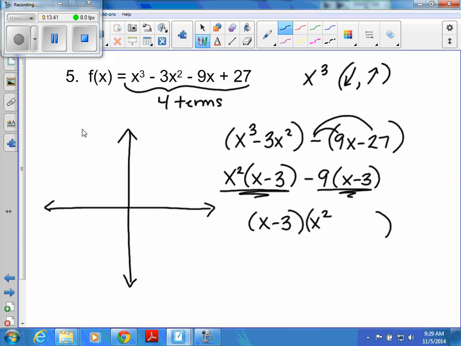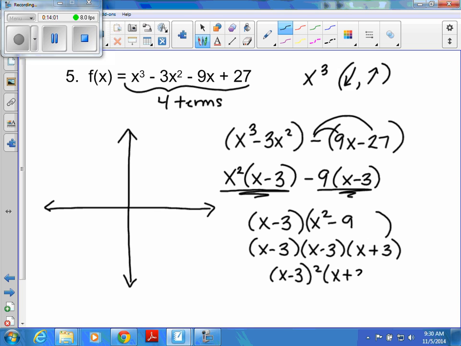An x squared. What do I have left if I take an x minus 3 out of the next group? A minus 9. And what I'm going to have left is an x minus 3, x minus 3, and an x plus 3. So I really have x minus 3 raised to the second times x plus 3.